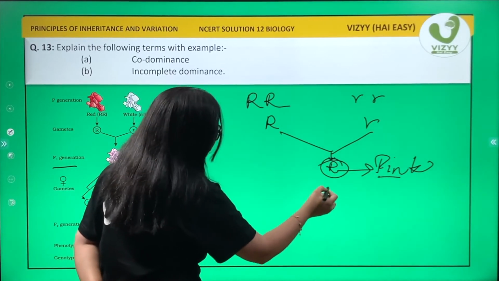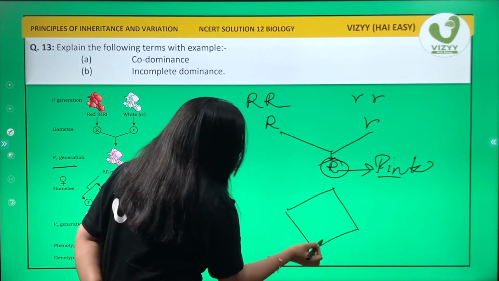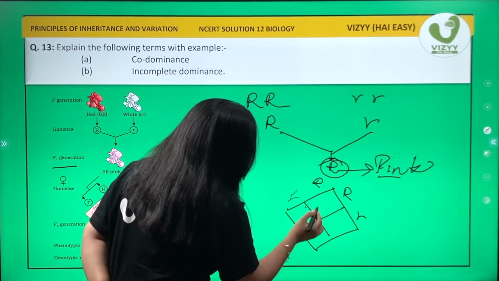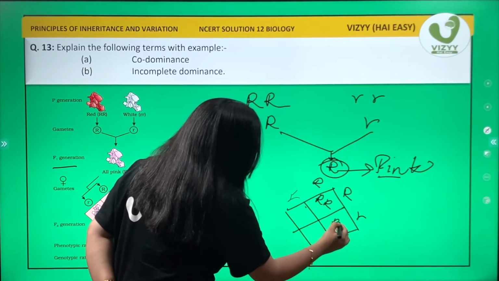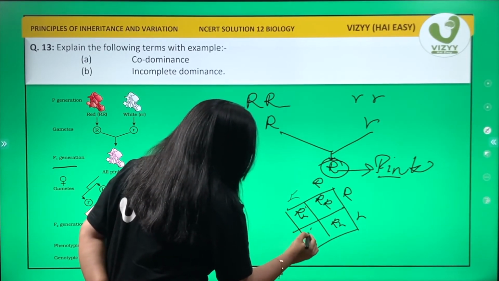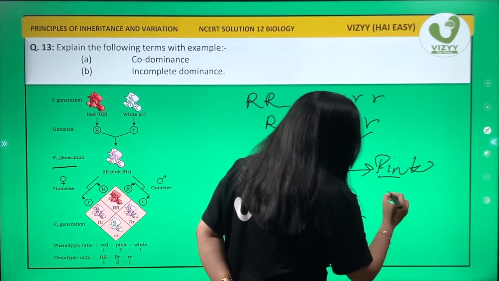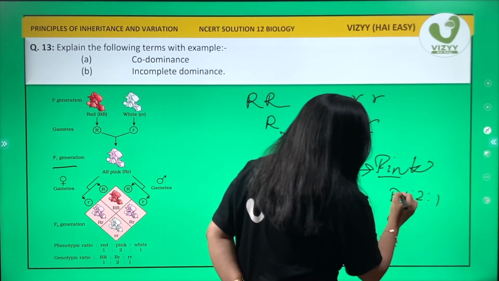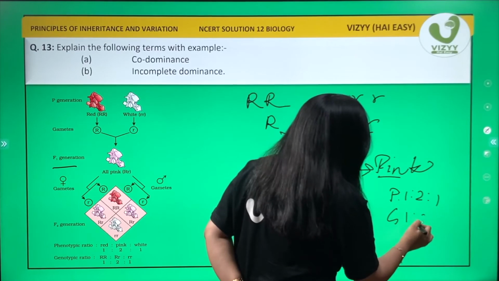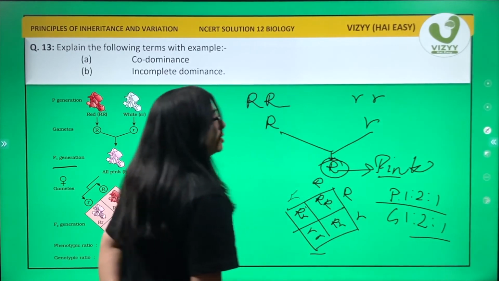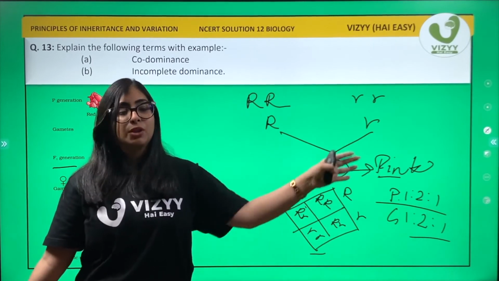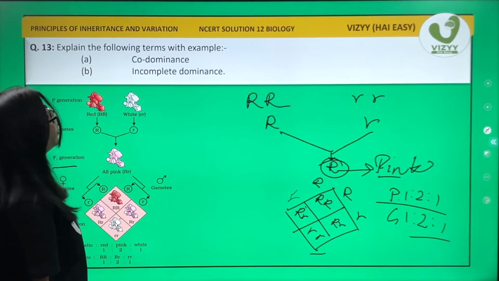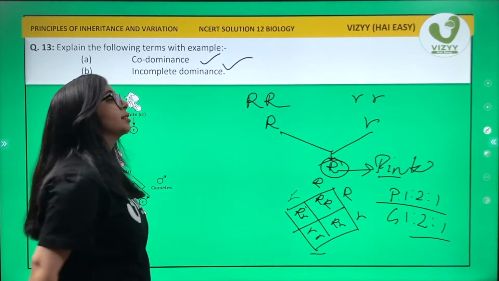When this was again pollinated for F2 generation, we got red, pink, and white. So the answer here is phenotypic ratio was 1:2:1, and genotypic ratio was also 1:2:1. So in incomplete dominance, the phenotypic and the genotypic ratio will remain equal. Okay, students? So we are done with question number 13 and both of these points.